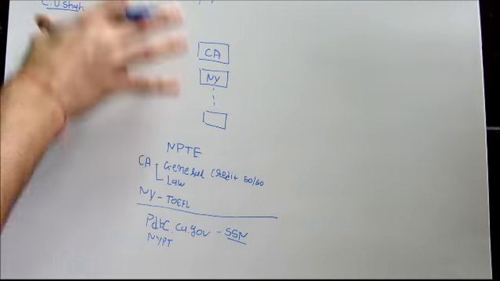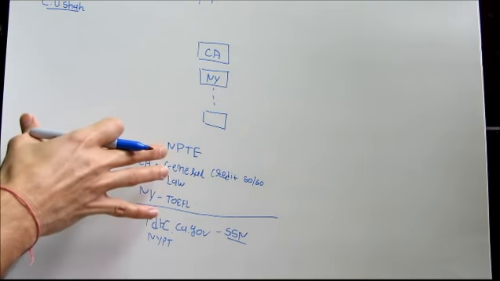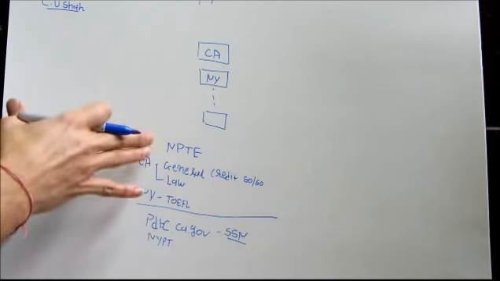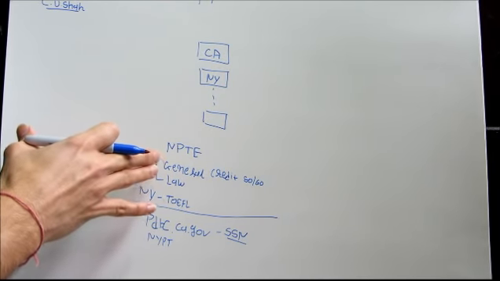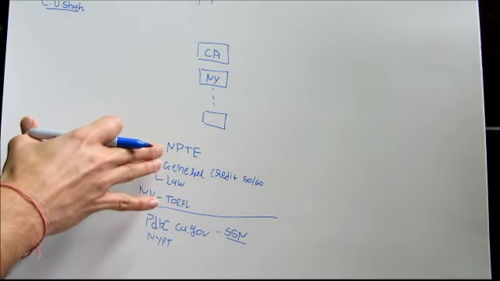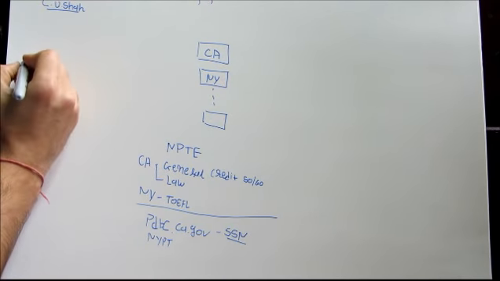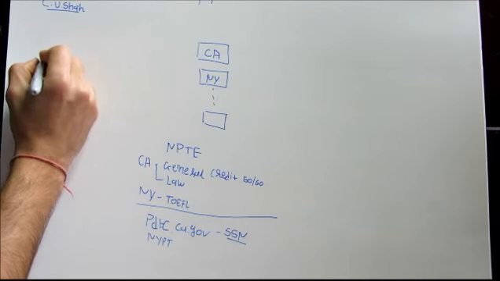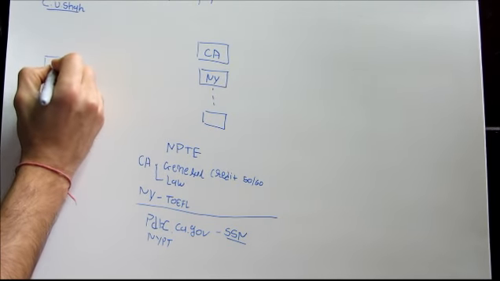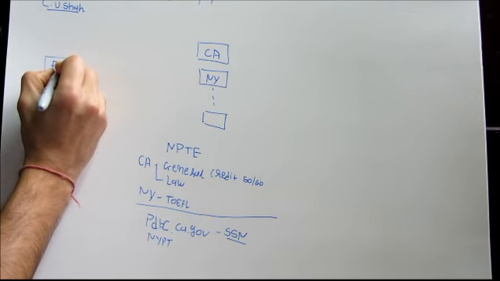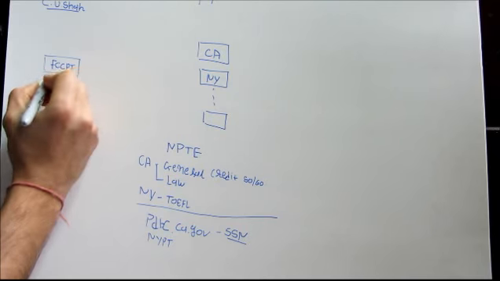So once we decide the state, let's say for example California, I want to take the NPTE. So how to start is another thing. There are a couple of agencies, for example FCCPT or ICD.